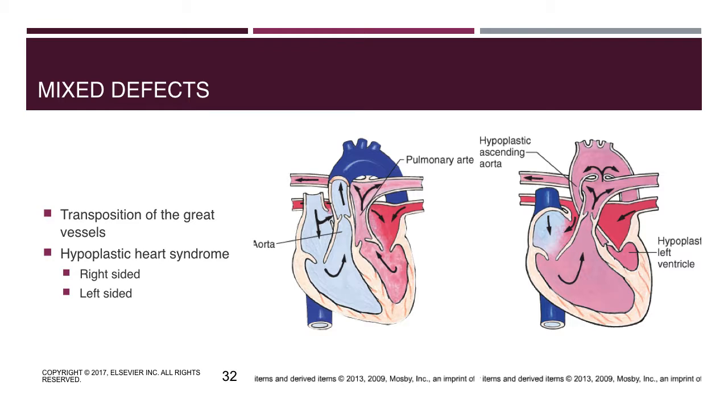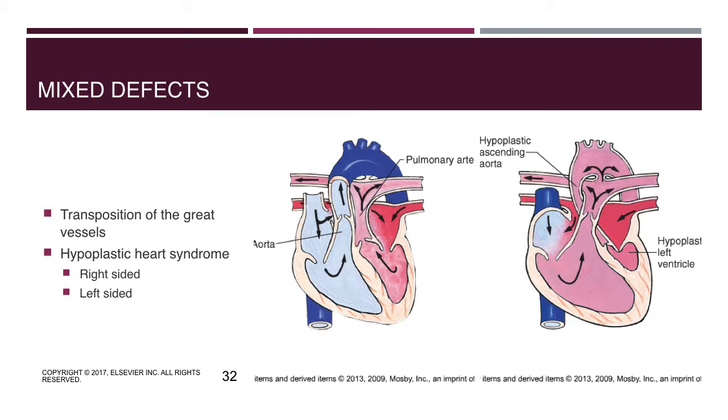As far as the transposition of the great vessels, we talked a little bit about this earlier, how the pulmonary artery comes off of the left ventricle and the aorta comes off the right ventricle. So basically we're taking blue blood out into the body and oxygenated blood back to the lungs, and we just keep recirculating this oxygenated blood back to the lungs.